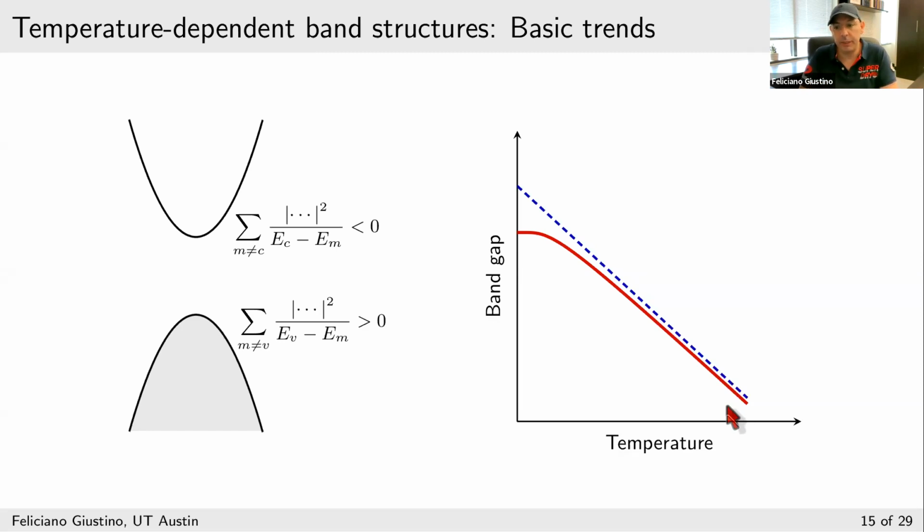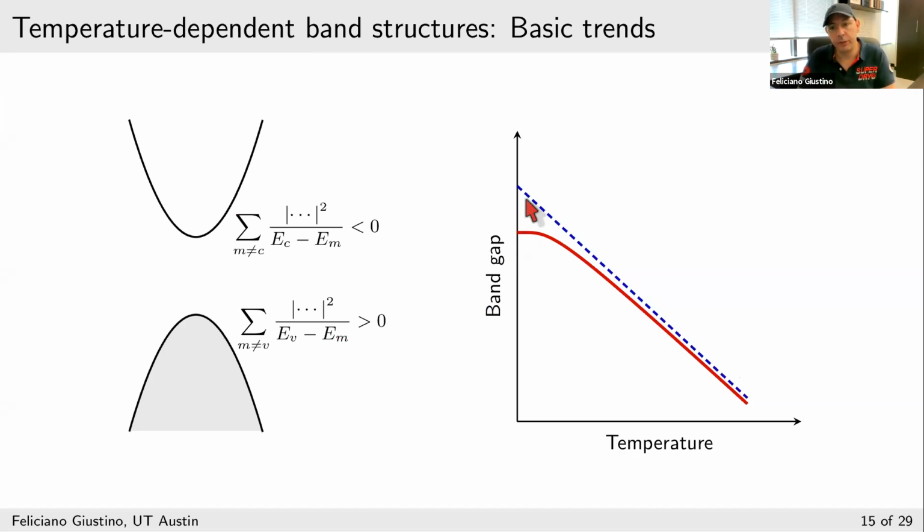Just as a matter of completeness, let me emphasize that this red line corresponds to considering the quantum harmonic oscillator for the displacements. So if you were to perform molecular dynamics and your system was harmonic, and you track the band gap, you will find this blue line, okay? So there is a little bit of a difference. And that means that molecular dynamics calculations will not give you exactly the same as a complete perturbation theory calculation of the band gap.